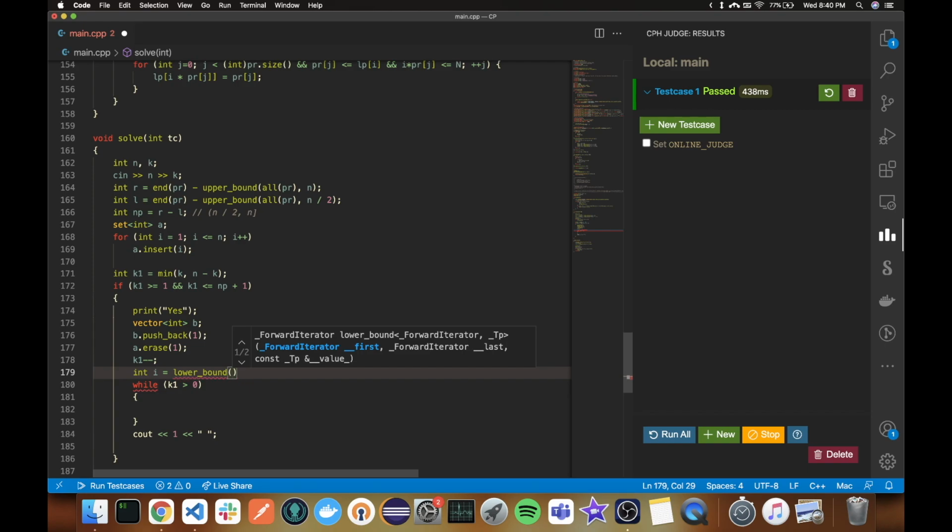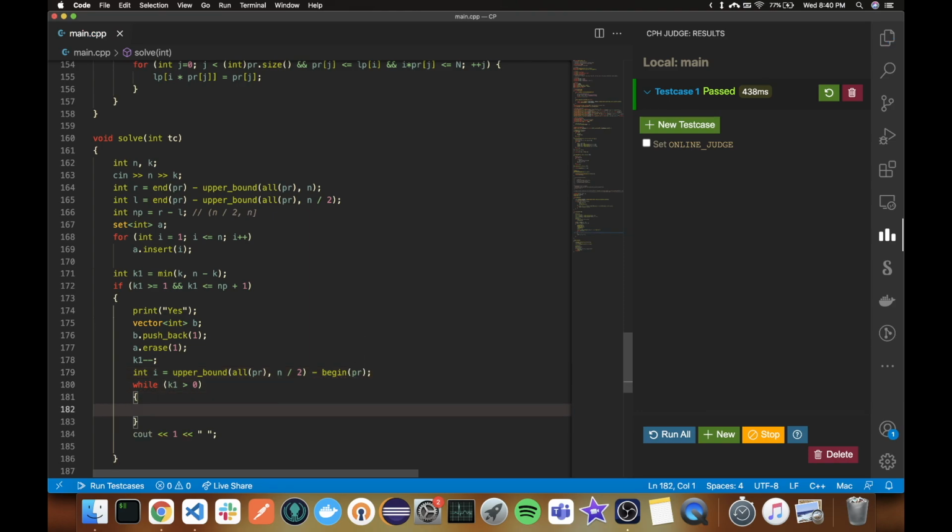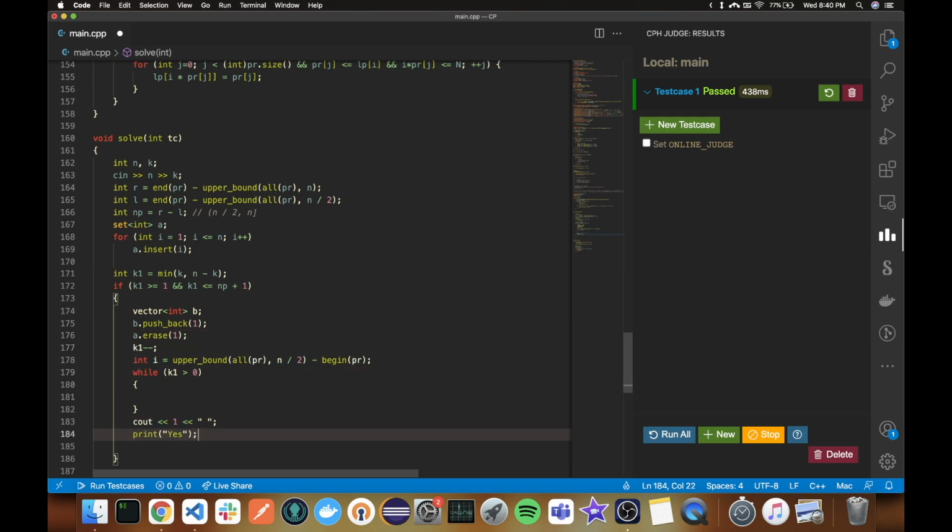Okay, lower bound all prime numbers, sorry, upper bound, yeah, upper bound n by 2 minus begin prime. And now, so first of all I push b. I'll do the printing later.